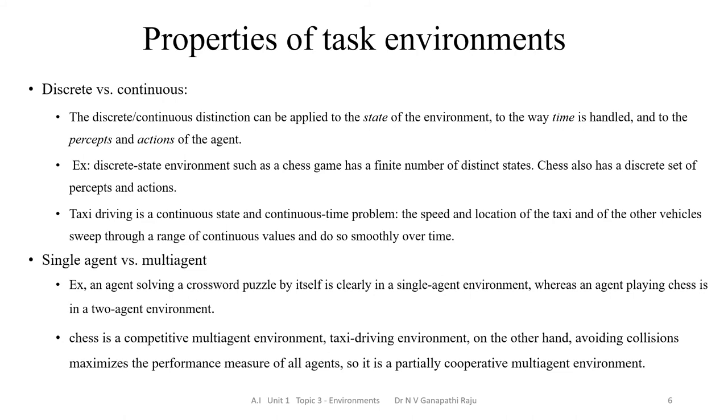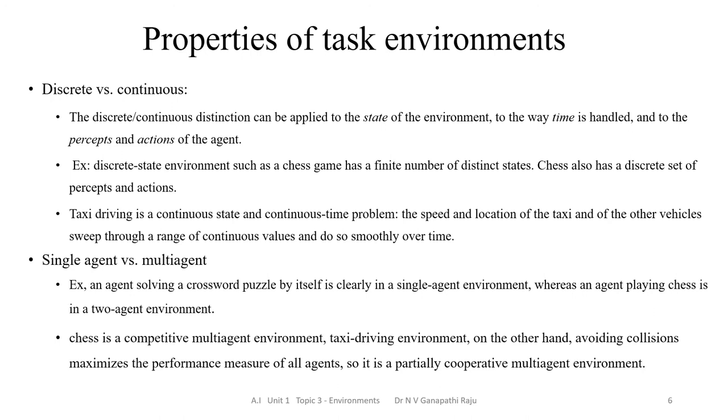Chess also has a distinct set of percepts and actions. On the other hand, taxi driving is an example of continuous state. The speed and the location of the taxi and other vehicles sweep through a range of continuous values, which is an example of a continuous task environment.